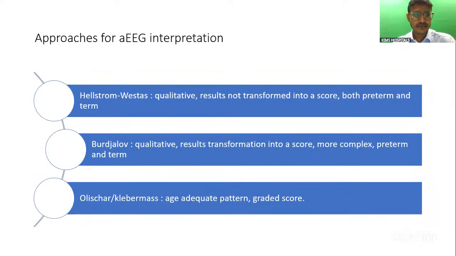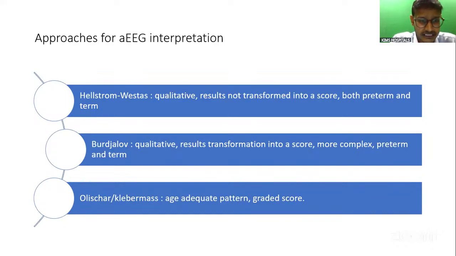Once we have a trace, we have many classification systems for the interpretations. There are qualitative and quantitative ones, but for ease of understanding, the most widely used approach is Hellstrom-Westers, which is a qualitative scale. It does not transform into any score, and it can be used in both term and preterm neonates.